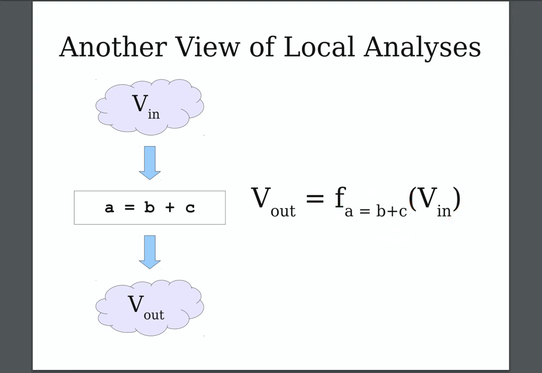So this f is called, if you look in the Dragon book, a transfer function because it takes the set of values before the statement and transfers them to a different set of values after the statement.